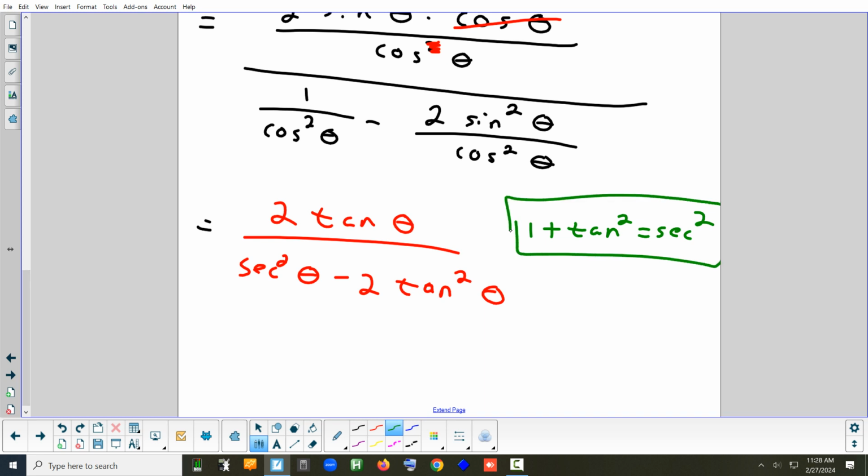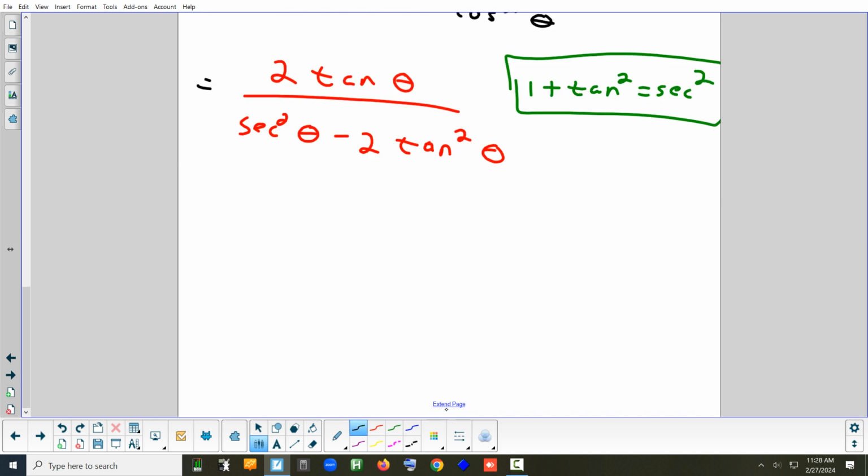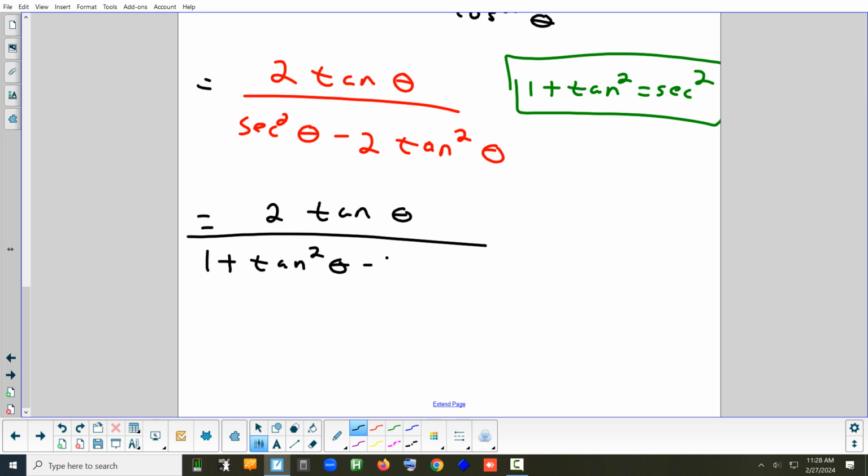I need to see it so I can see what's going on. So 1 plus tangent squared minus 2 tangent squared. We have the 2 tangent in the top, the tangent squared on the bottom, and the 2 on the 2 tangent squared would cancel, leaving you with 1 minus tangent squared.